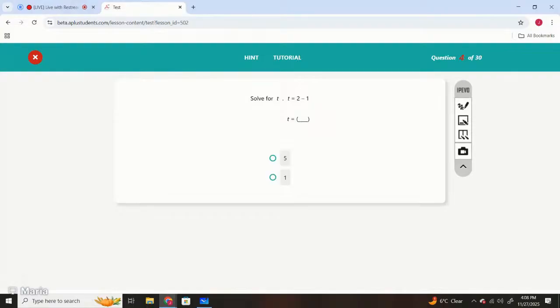Solve for t. T equals 2 minus 1. So 2 minus 1 is 1. The correct option is option number 2, that is 1.